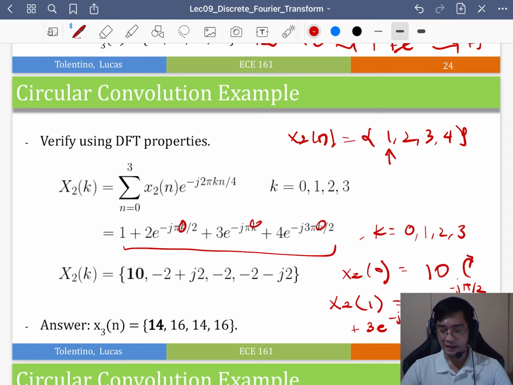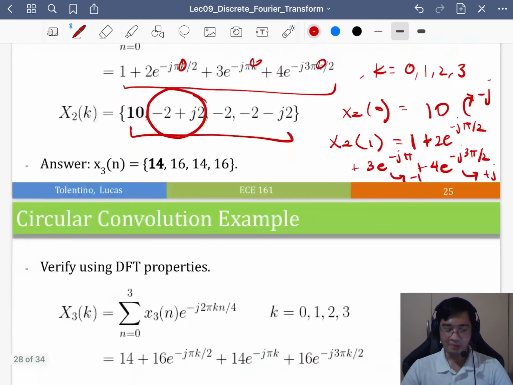Once again, this is negative j. This one is positive j. This one is negative 1. So we have 1 plus 1 minus j2 minus 3 plus j4. We have negative 2 plus j2. So you do the rest for all of the k, you arrive at this expression.